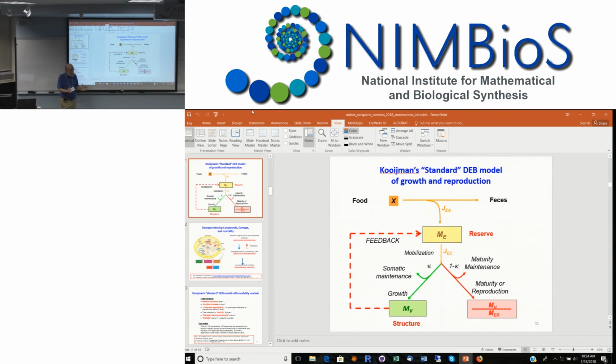If you have very limited data on, let's say, growth and reproduction, a maximum size, just a few pieces of data, you can, in principle, get low confidence estimates of the parameters by taking some of the others as default values or default starting values.